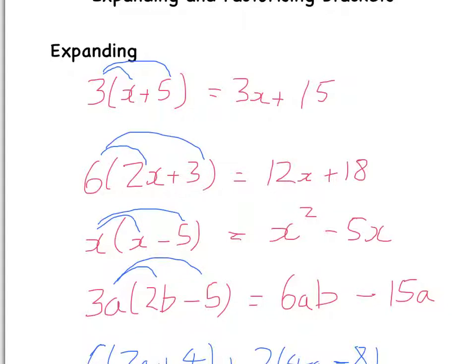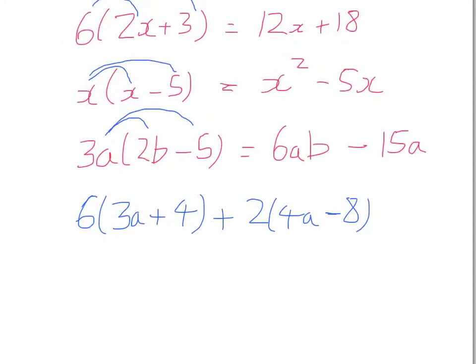And we can't simplify that anymore because the first part has got ab's and the second part has got an a. So just be careful to get the correct sign. Now the only time you might have to worry about it not being the sign that's in the bracket is if you had a minus at the front, because a minus times a minus would give you a positive. Now that was all grade E work.